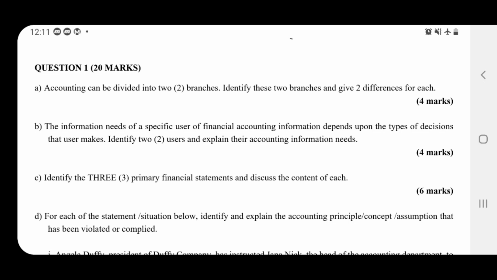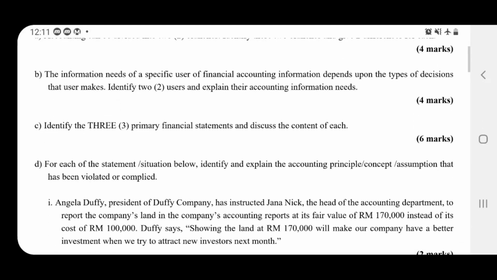So now, the question asks you to identify two users of the financial statement and explain their accounting information needs. There are many users of financial accounting information. The one that I can remember is investor.